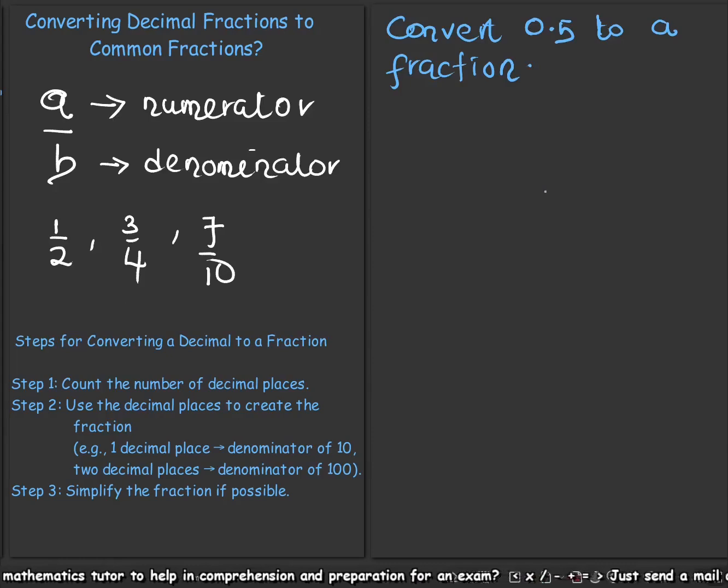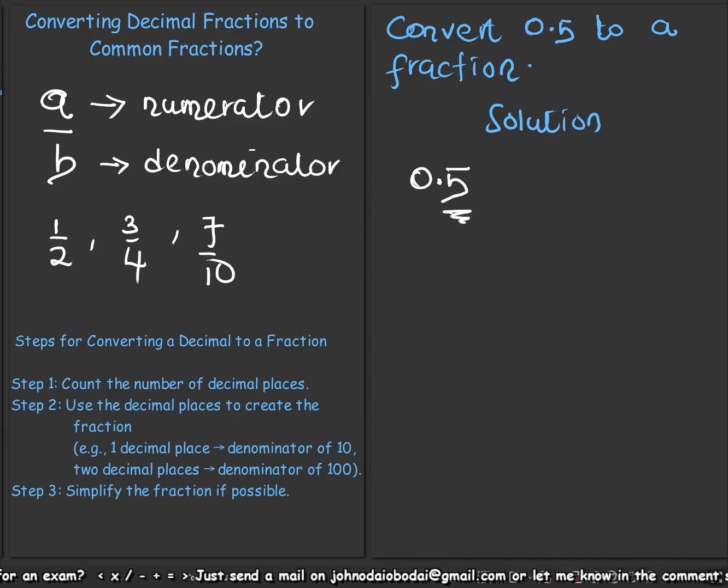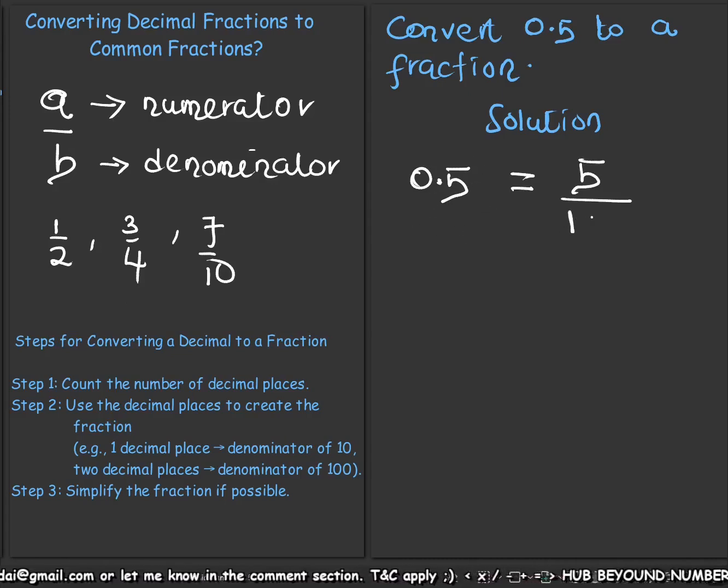Our first example says convert 0.5 to a fraction. For our solution, 0.5 has how many decimal places? Just one, there's just one digit here. So you write the 5 over 1, and since it has just one decimal place, we add one 0 to the 1.